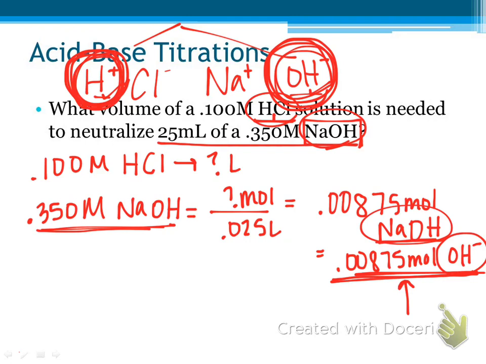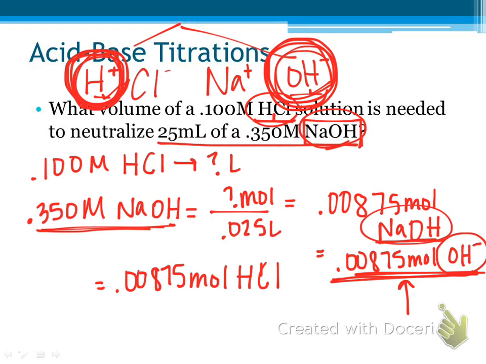If I need every hydrogen ion to cancel out every hydroxide ion, I need the same amount. So I need 0.00875 moles of HCl. Okay, does that part make sense? Yes or no?